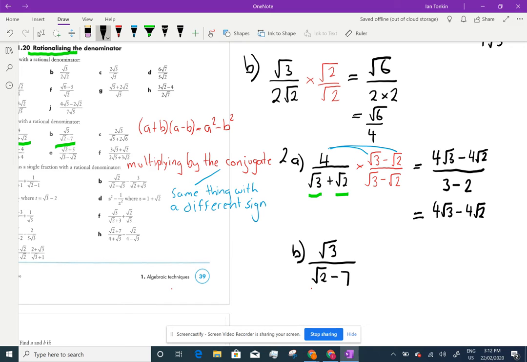No. If you multiply by root 2, yes, the root 2 will go, but you'll get caught with 7 root 2 in the denominator. You won't have rationalised it. So you must apply the difference of two squares. So we're looking for the conjugate. And you remember, it's the same thing with a different sign. So this time it's root 2 plus 7.